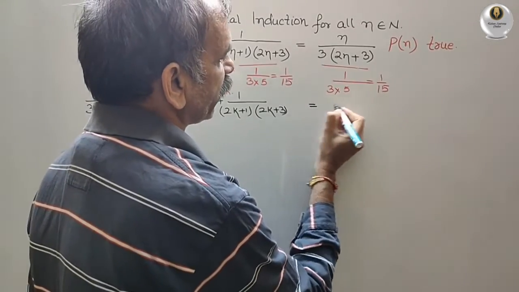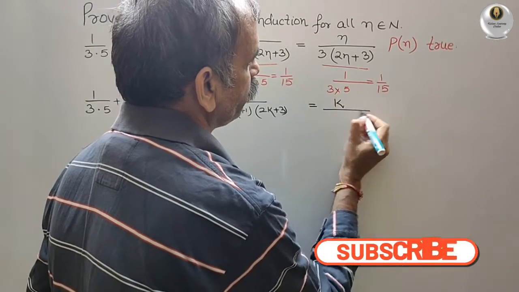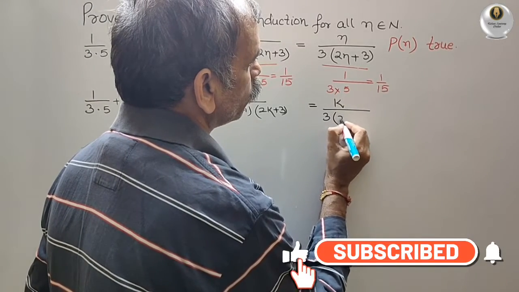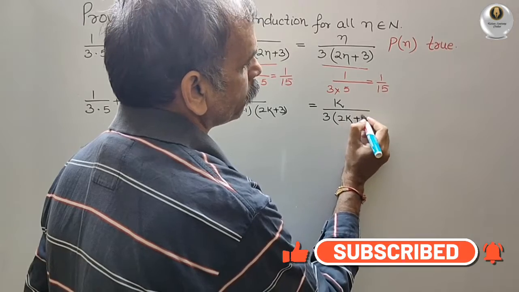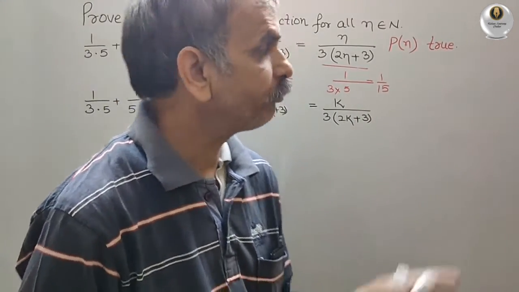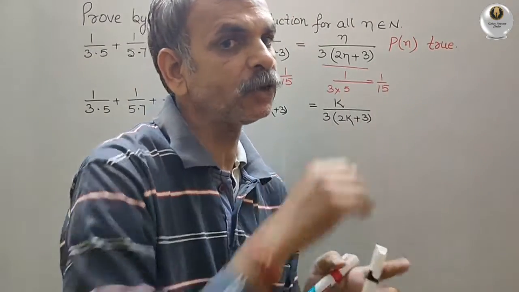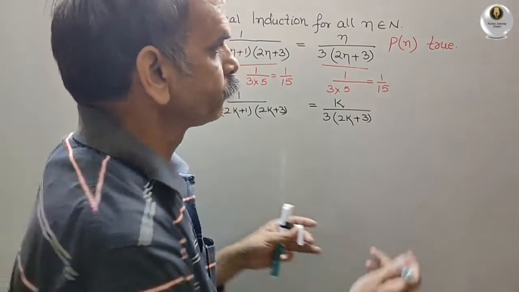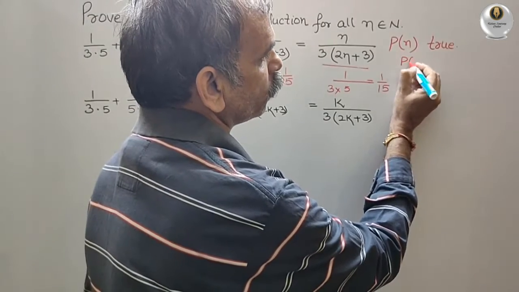That is equal to k by 3 into (2k plus 3). Now if Pn is true, Pk is also true.